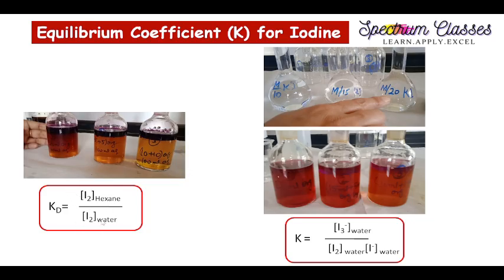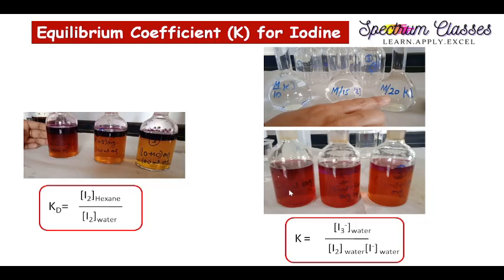In that way we can determine this I2. Now the question comes: if we can determine I2 in n-hexane directly, then why not iodine in water directly, as we did in the previous case? Because in this case we also have iodine in the form of I3 minus. So some form a complex and some is in the free state.